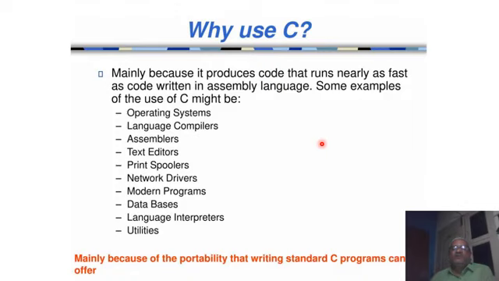And these network drivers, modern programs, databases, language interpreters, and utilities. Because these programs are written in C, we know that it has a combination of operating systems, compilers, assemblers, text editors, print spoolers, and so many more.